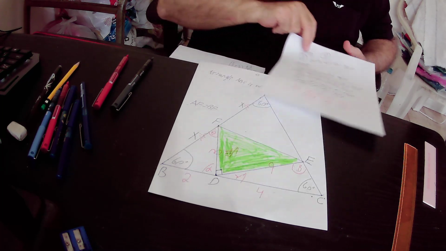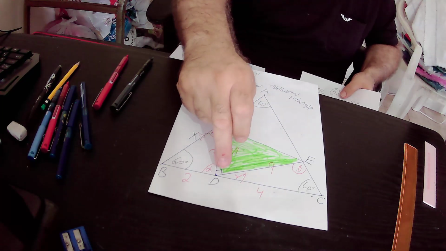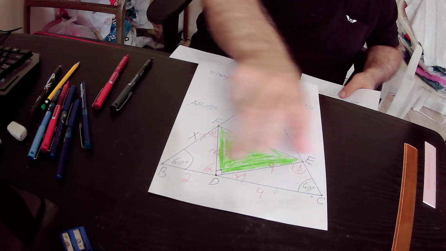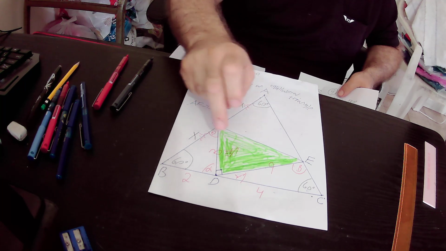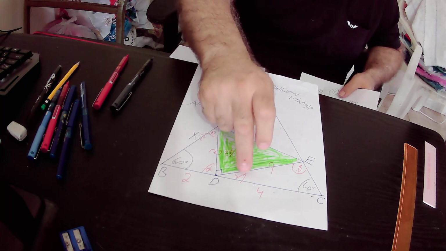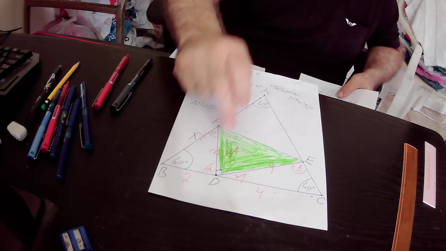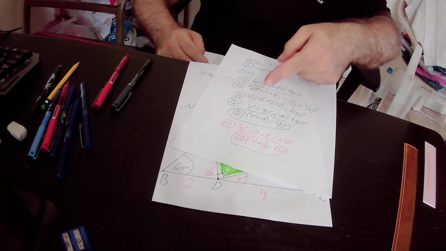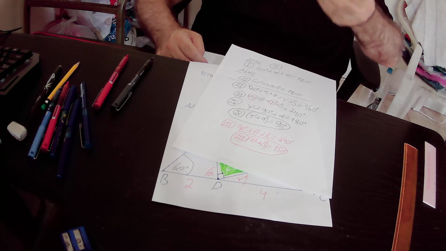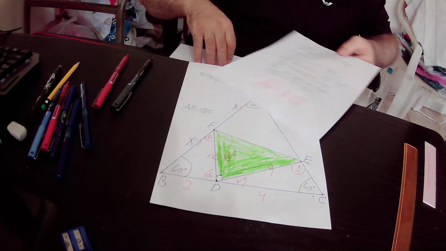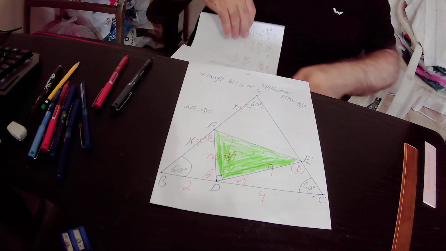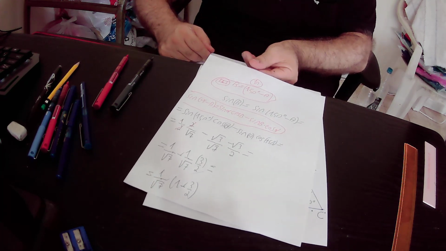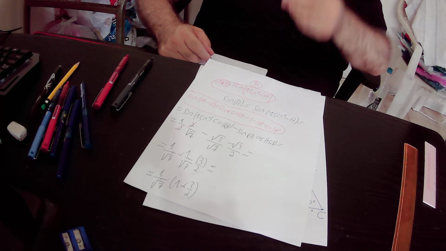Here at point D, the sum of the angles on the upper side of line segment BC equals 180 degrees, that is gamma plus 90 degrees plus alpha equals 180 degrees. From equations 3 and 4 we got that beta equals 150 degrees minus theta.